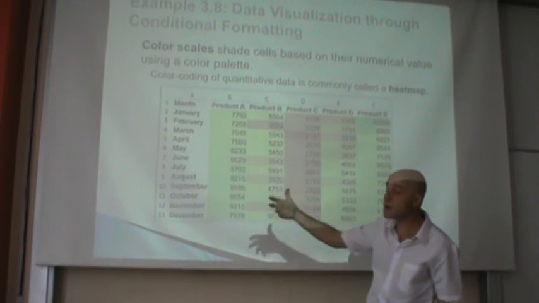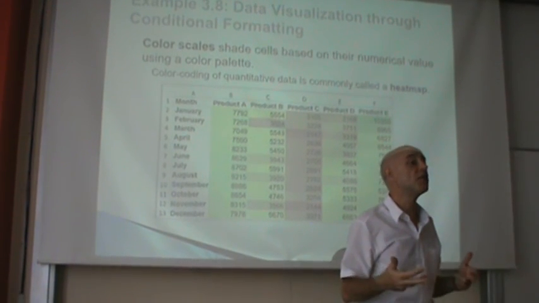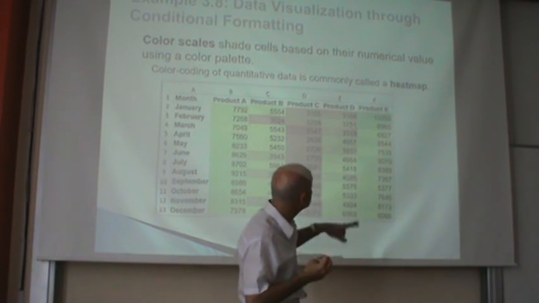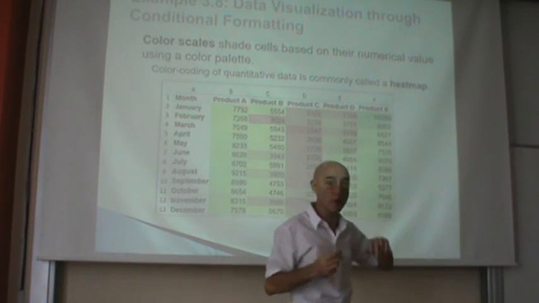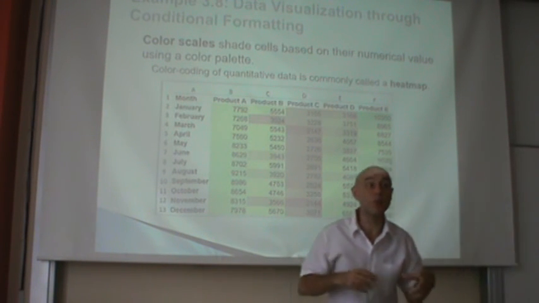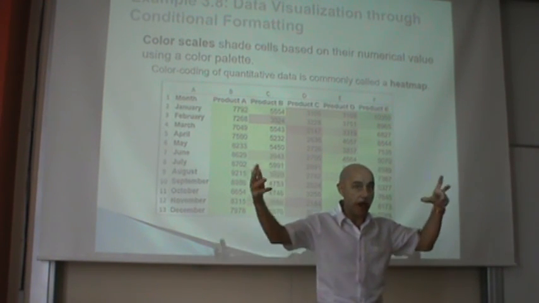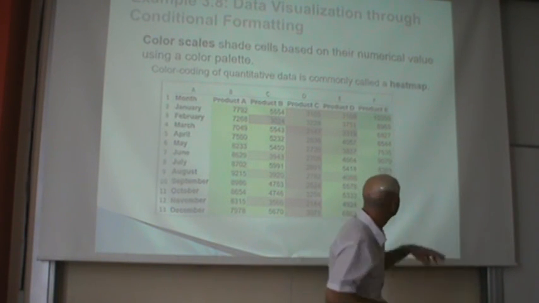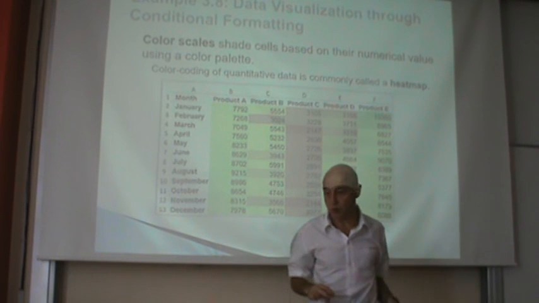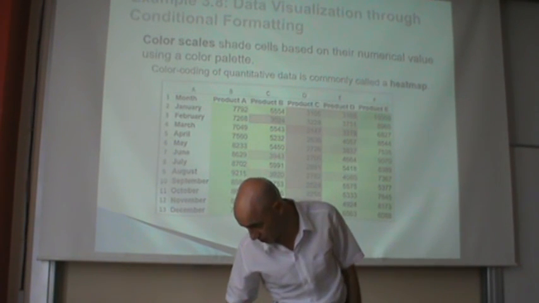You'll see different colors mean different things. You want to use a common sense color scheme. The example which I gave you, where some people are very fat and others are not so fat, is called a heat map.